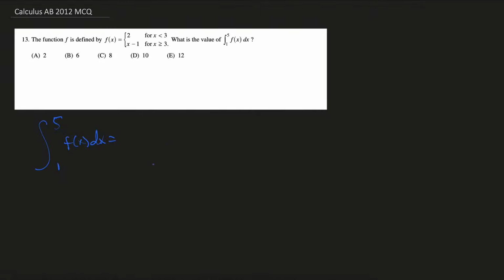Because we define anything less than 3 as 2, anything from 1 to 3 is the function 2 dx, and anything from 3 to 5 is going to be x minus 1 dx.